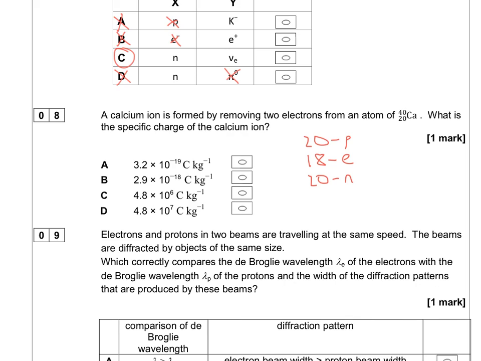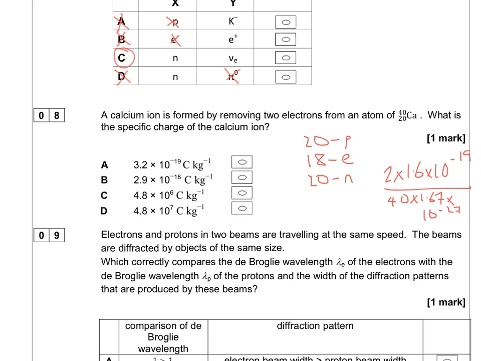On the top line we've got 2 positive charges, so 2 times 1.6 times 10 to the -19, because you've got 2 protons essentially, and on the bottom line we're going to have 40 times 1.67 times 10 to the -27.